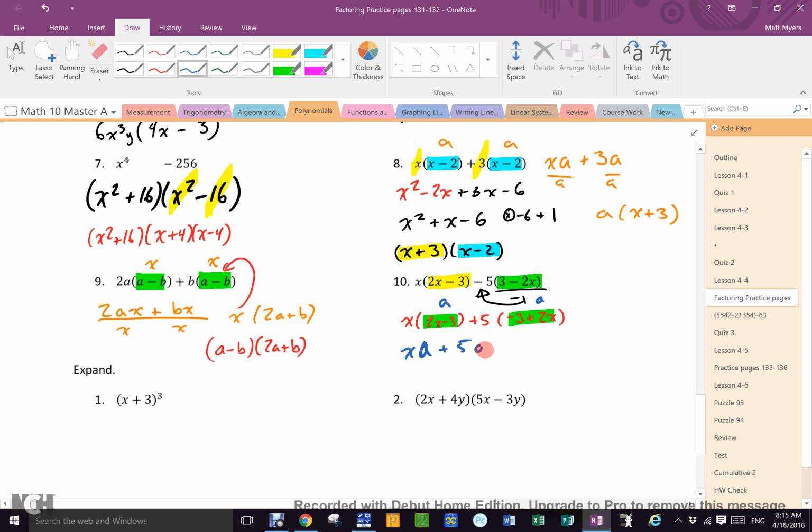What's my common factor now? A, which means I can divide a out of there and I get a times x plus 5. But what's a? 2x minus 3 and x plus 5.